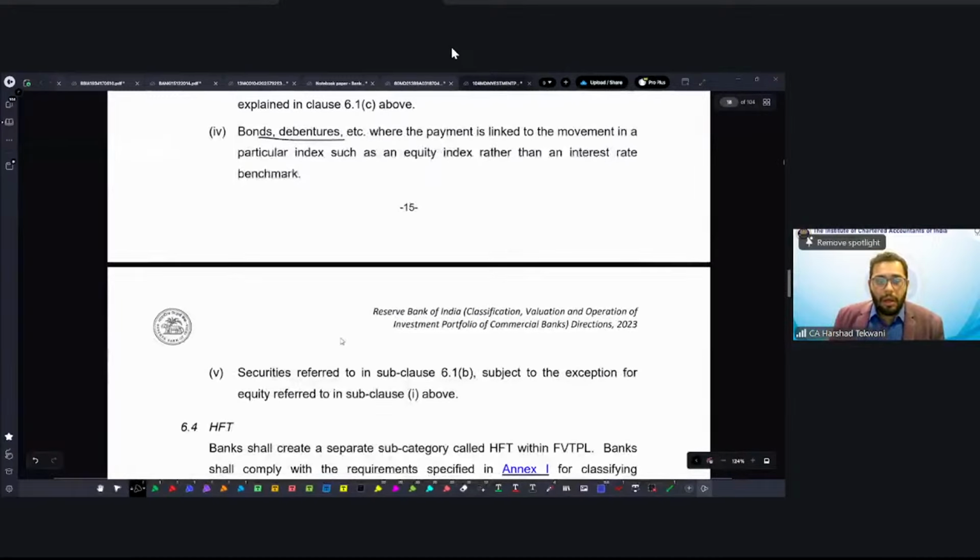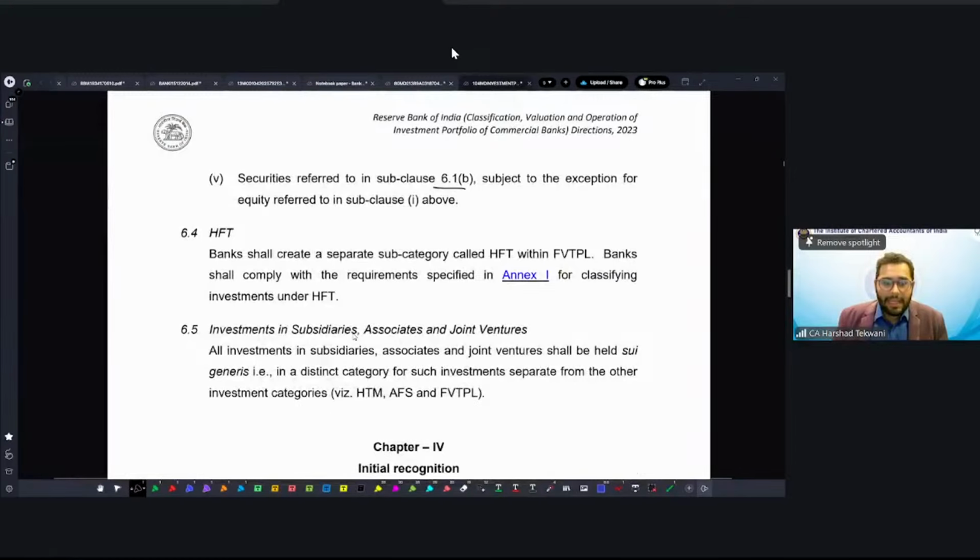Again, security referred in 6.1 and all those things. And then you have a subcategory of HFT, that is held for trading. Again, there is a requirement in this particular regulation on which securities are required to be classified as held for trading. So, as an auditor, what we are required to do is understand whether this classification is appropriate, whether it is as per the regulation or not.